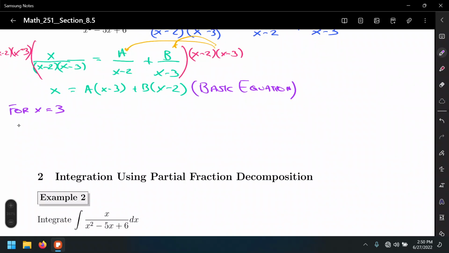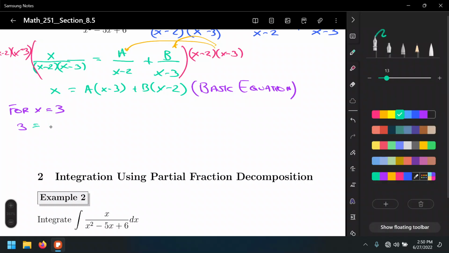So let's plug in x equals 3. 3 equals a times x minus 3 plus b times x minus 2, which in this case, with x equals 3, this gets zeroed out, and 3 minus 2 is 1.